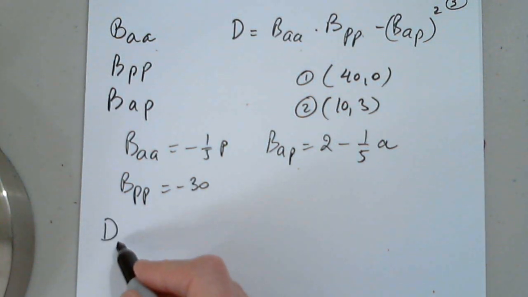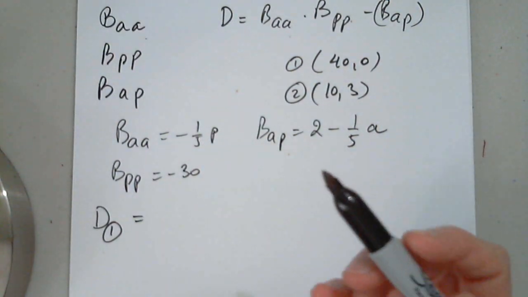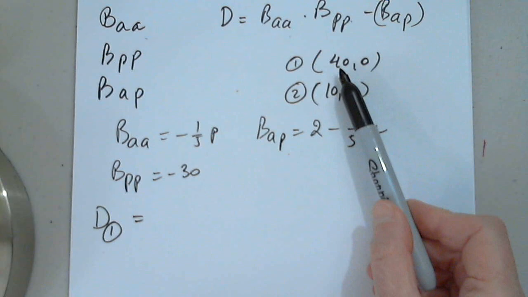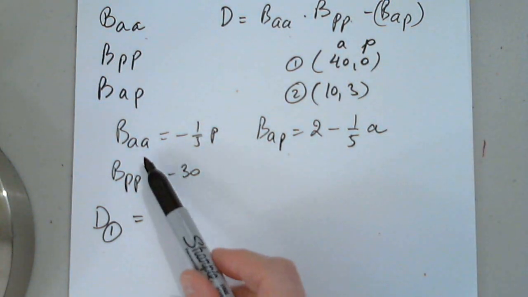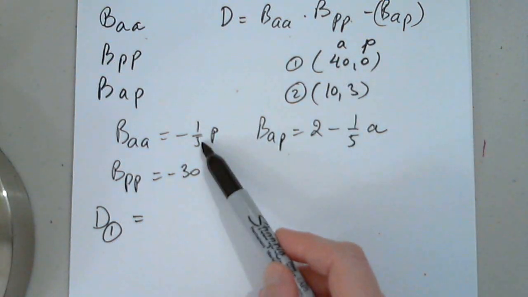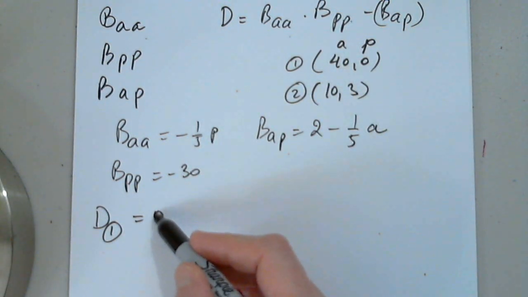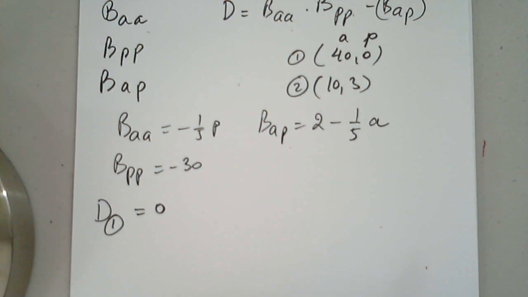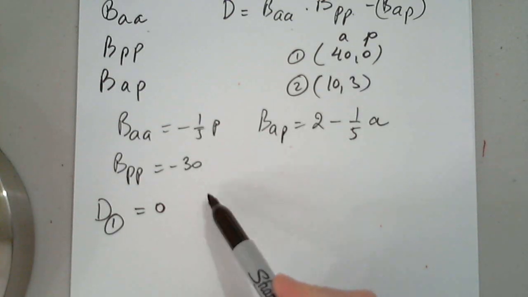So the D-test for number 1, and this is BAA. So remember, this is A and this is P. So BAA, I don't have any A to plug in, but I have P to plug in, and this is 0. Okay, so at this point, I can stop.